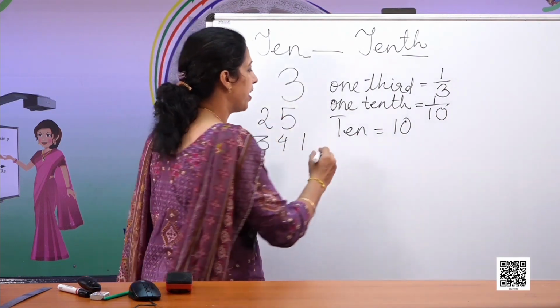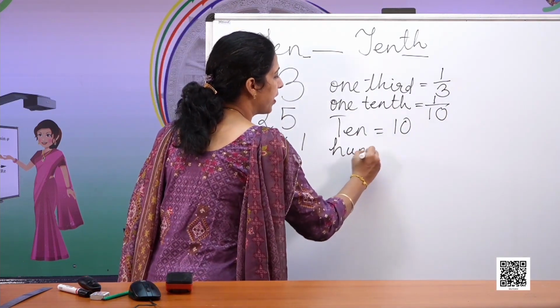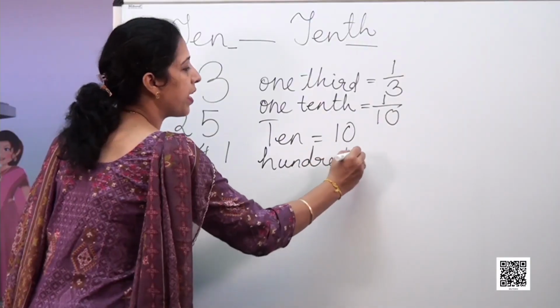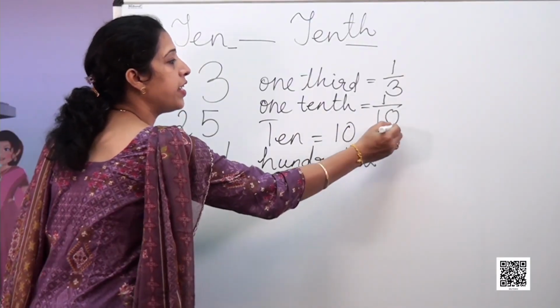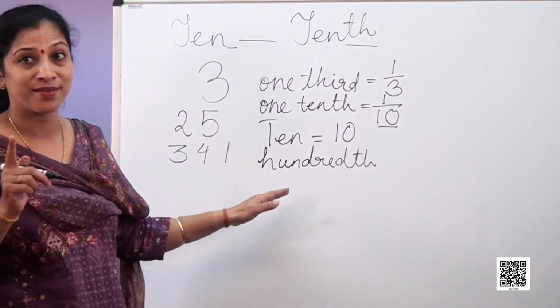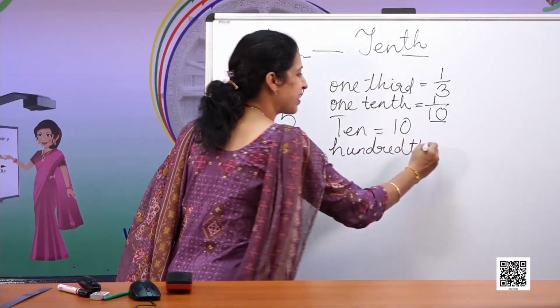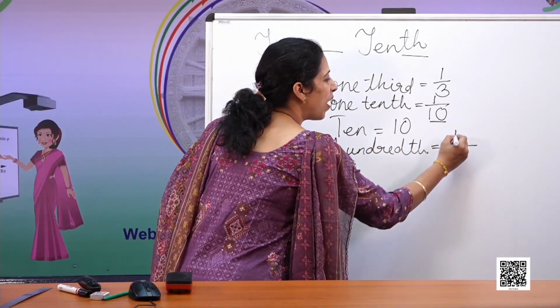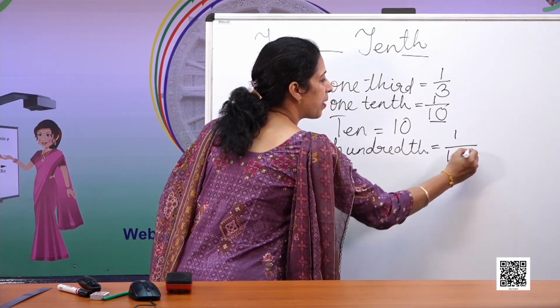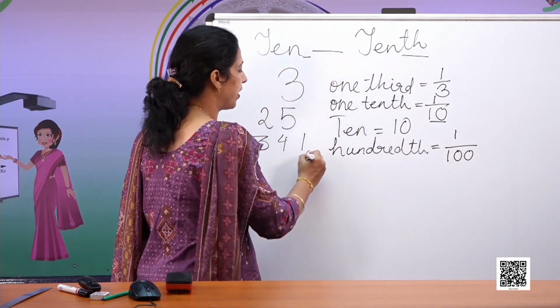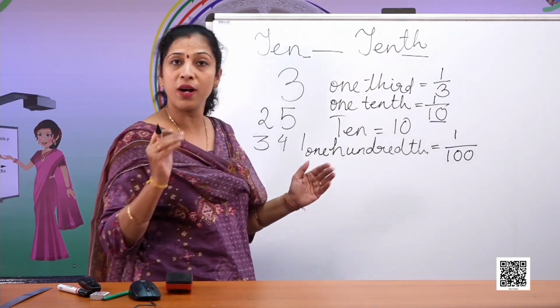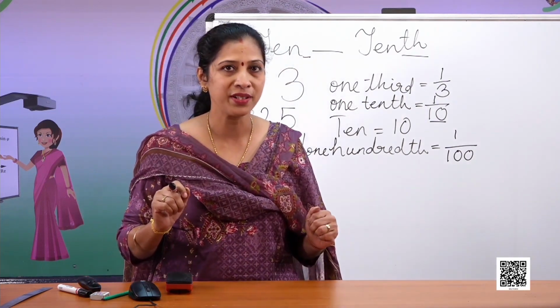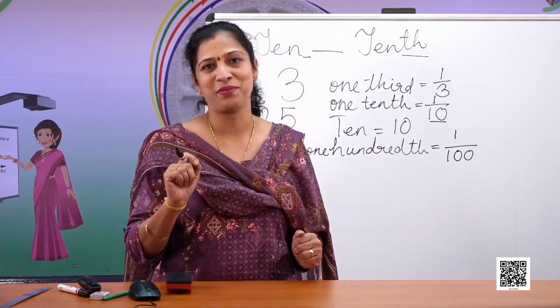Similarly, 100th. How do you write down 100th? So 100th, the way you are seeing over here, 100 equal parts. 100th means, yes, your guess is correct. That is 1 part out of 100 parts. If I write down 2/100th, what will I write down? 2 parts out of 100 parts.